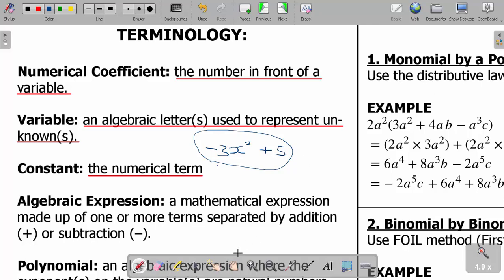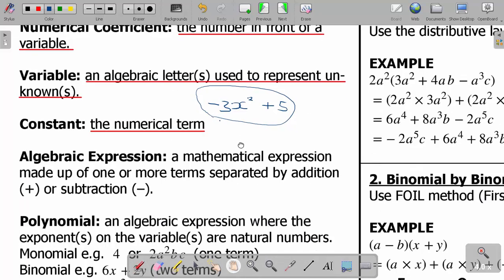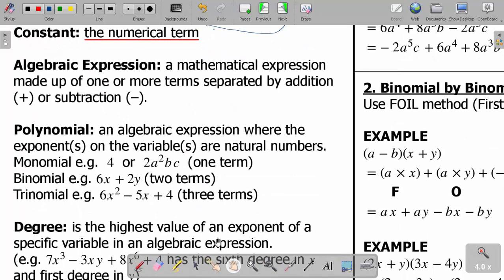So now, an algebraic expression is a mathematical expression made up of one or more terms, separated by addition or subtraction. I repeat, what's an algebraic expression? It is a mathematical expression made up of one or more terms separated by addition or subtraction.